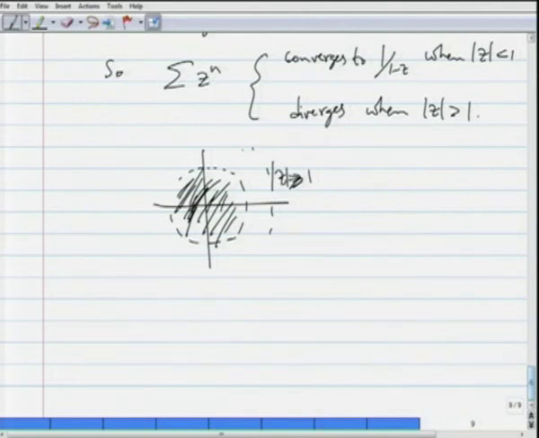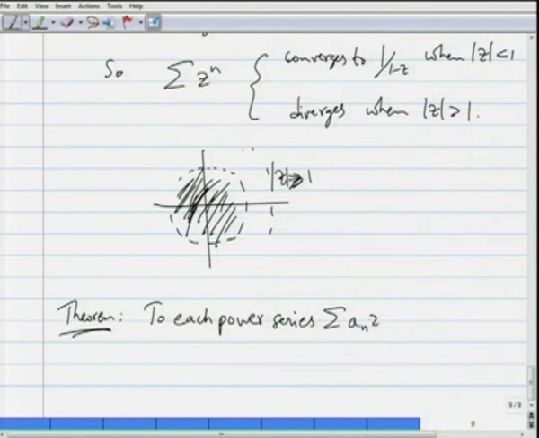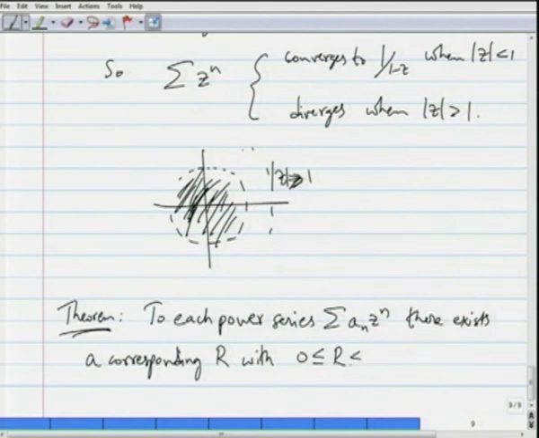Okay. So, here is a theorem. To each power series sigma a_n z^n, there exists a corresponding R, with 0 less than or equal to R less than or equal to infinity.